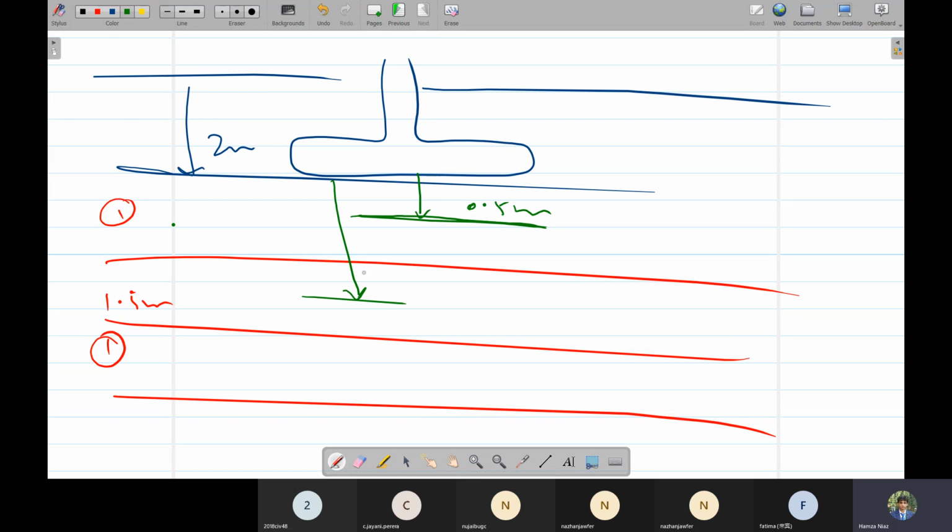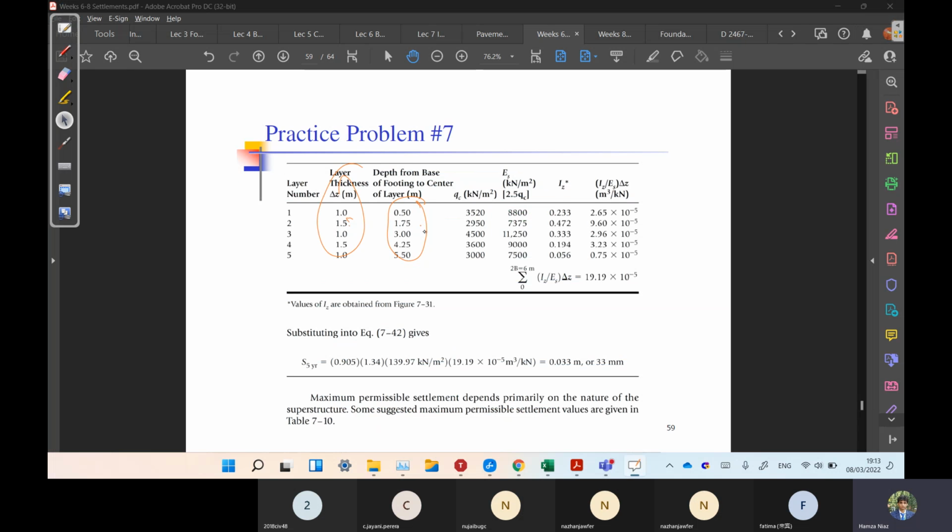For the next one it would be 1 plus 0.75, that is 2.25, and for this layer it would be 2.5 plus 0.5, that would be 3 meters. That is how we can calculate the depth from the base to the center of the layer.